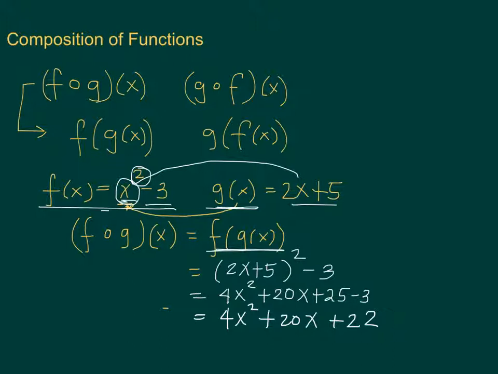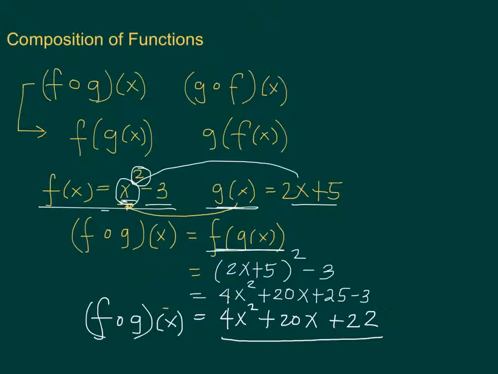Now be careful when you are working with compositions, because some people are tempted to simplify 4x squared plus 20x plus 22 by dividing all the terms by 2, which is not allowed. Take note, this is already your f of g of x.